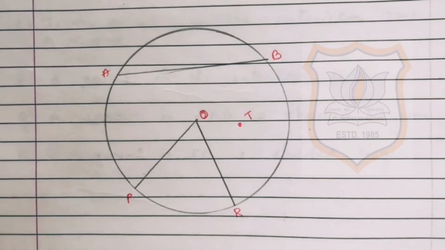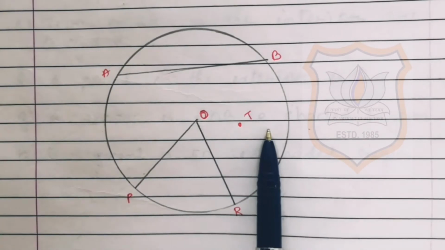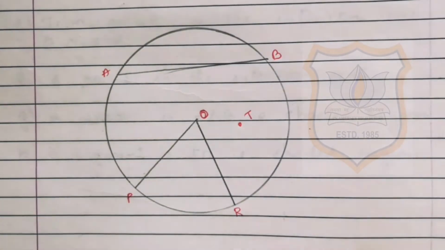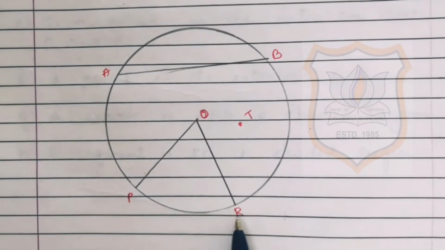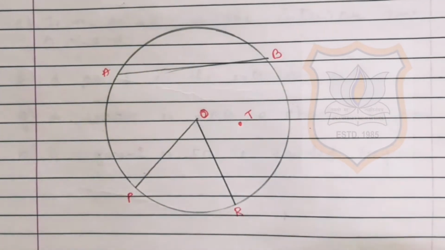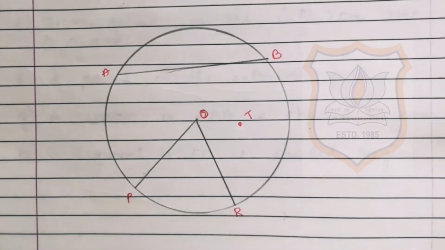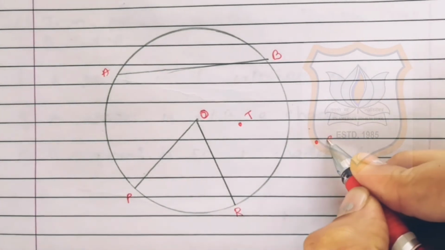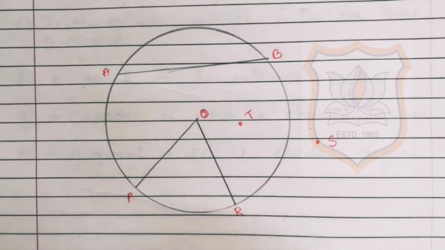Now here you can see that points O and T are in the interior of the circle, and points P, R, B and A are on the circle, and point S is in the exterior of the circle.